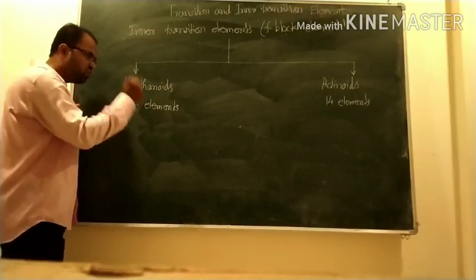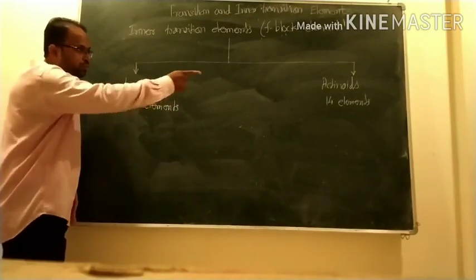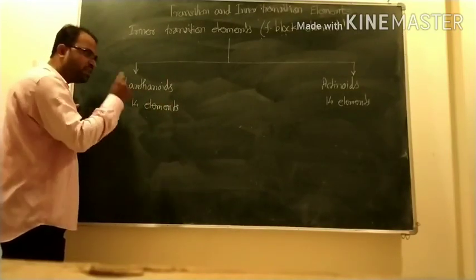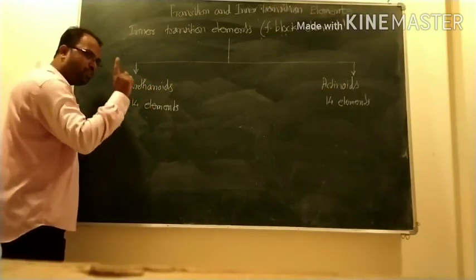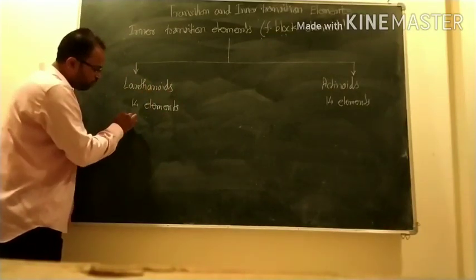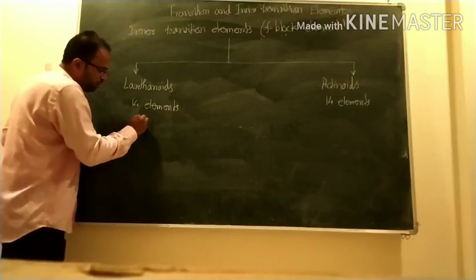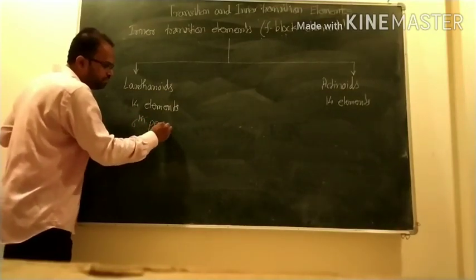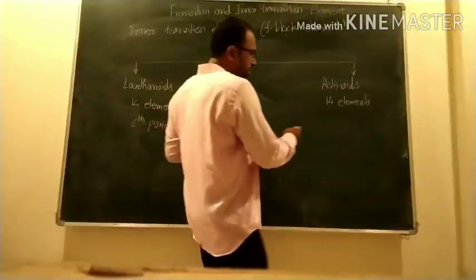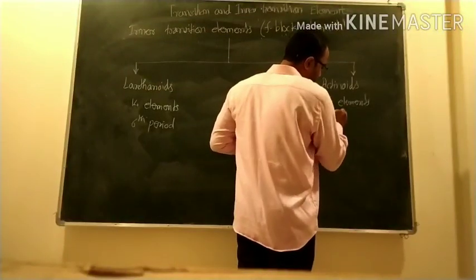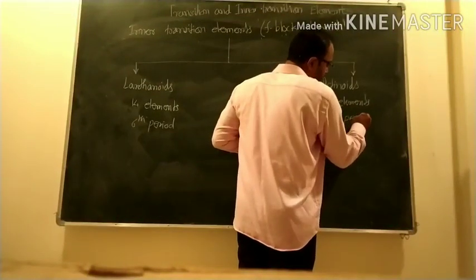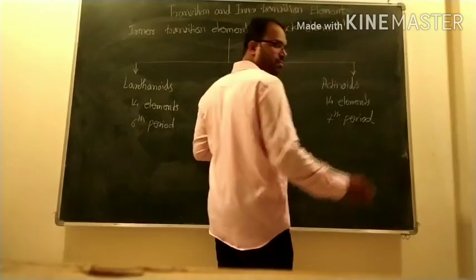Here, the position in group is similar, the third and fourth group. They both are present between the third and fourth group, but in period they are different: lanthanoids are placed in the sixth period, but actinoids are placed in the seventh period.